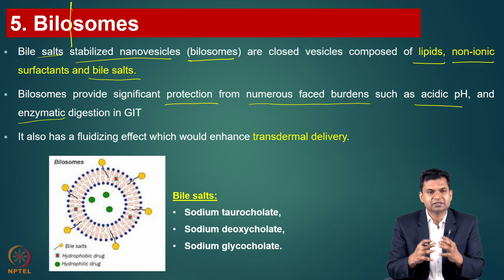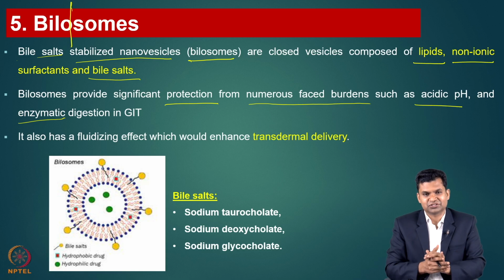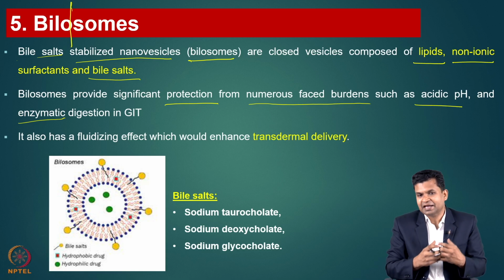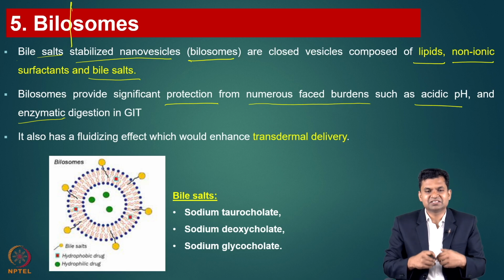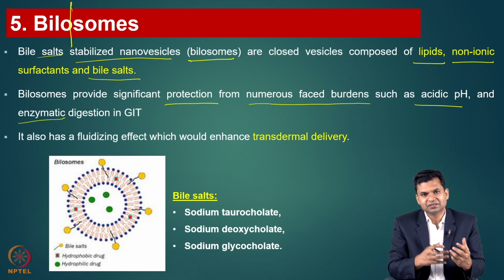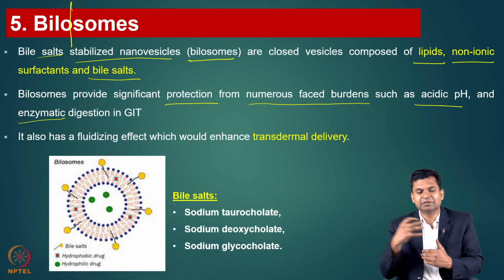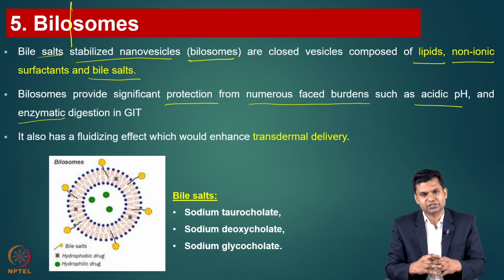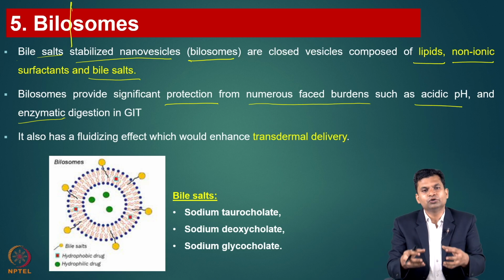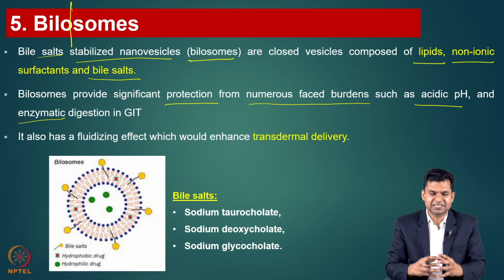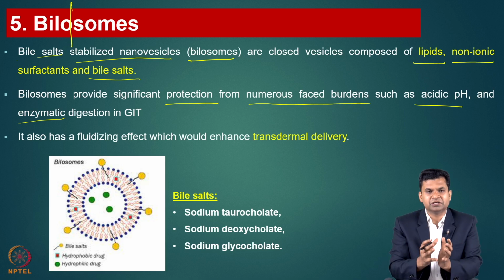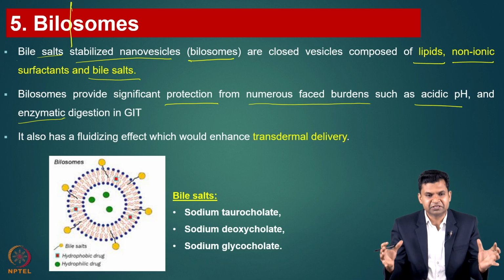That is why bilosomes are preferable for oral application when you want to take any antigens or protein molecules which are sensitive to acid and enzymatic conditions. In such cases you need to encapsulate them into these bilosome vesicles, which will protect them from all types of degradation.